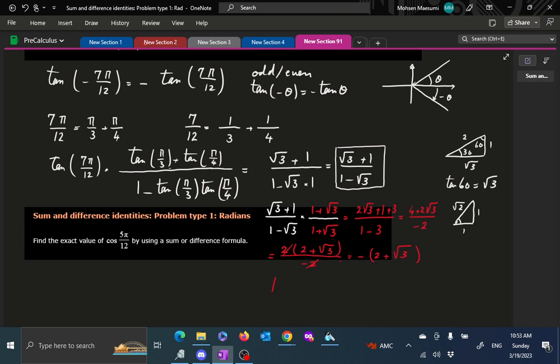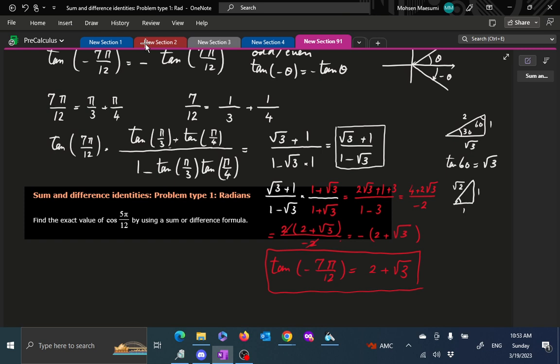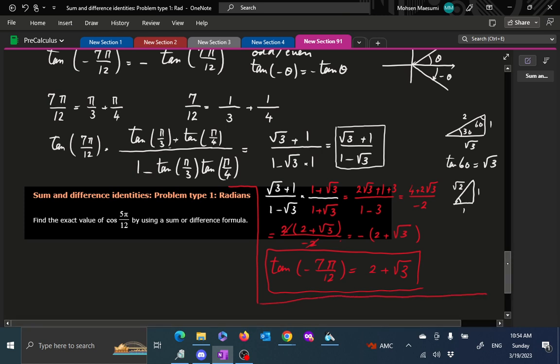So I'll have the final answer, tangent of minus 7 pi over 12, minus minus becomes plus. The cleaned up form is this. If you wanted to stop here, remember you still have to multiply by a negative to be done. So this problem we needed extra space. Did not anticipate.